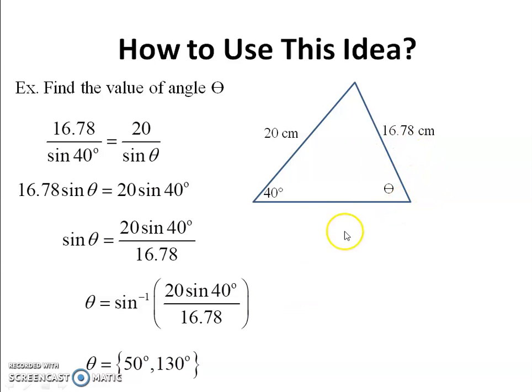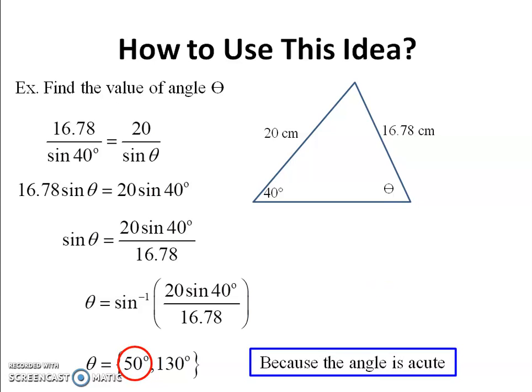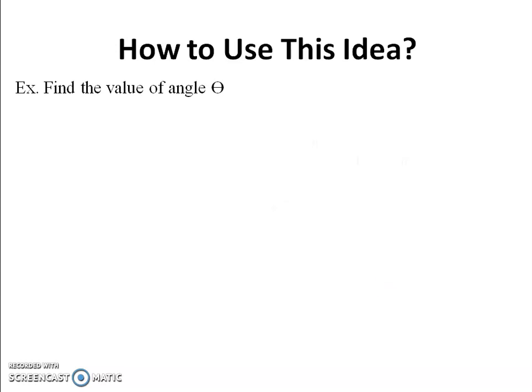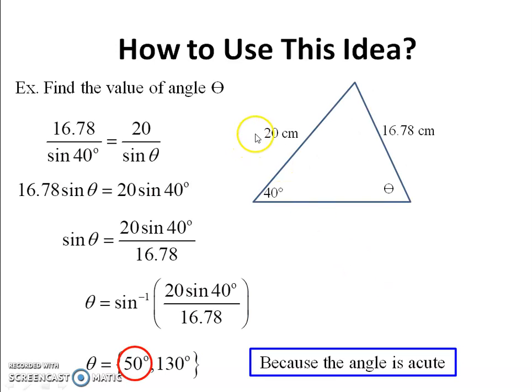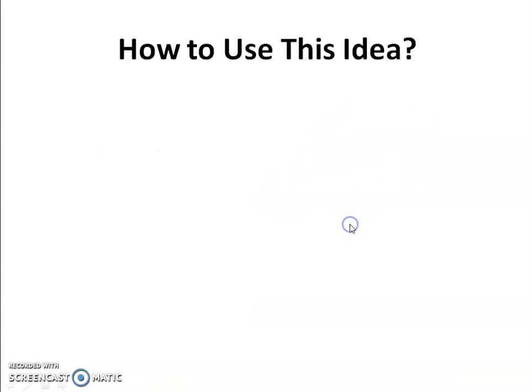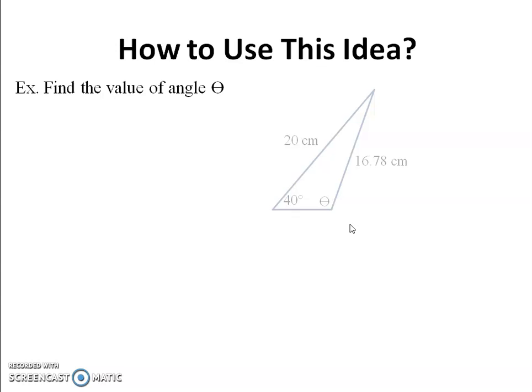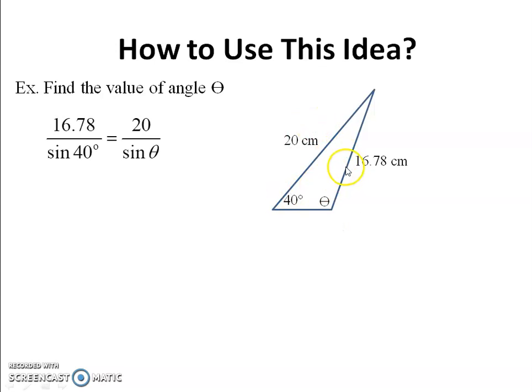There are two possible ways that this could come up. One is that I can look at the diagram, and I can see that in this case, this angle is acute. It's less than 90. So I would know visually that the answer is 50. The flip side is that I could have a similar diagram. Remember, the numbers here: I had 20 opposite theta and 16.78 opposite 40. In this other example, I've drawn a completely different triangle, but I have a 40 opposite a 16.78 and a 20 centimeters opposite theta.